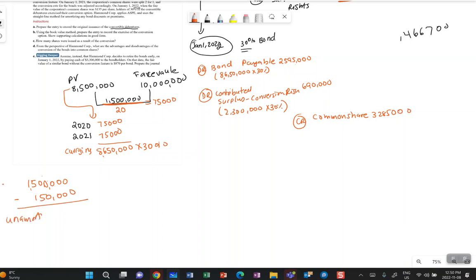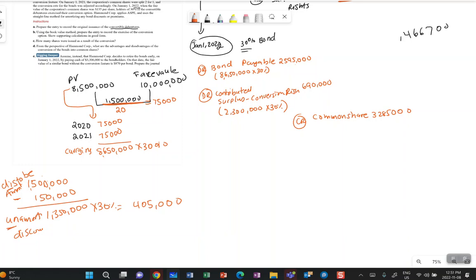So if this is the discount to be amortized when we started, and we amortized already, how much is your unamortized discount? In this case it's 1.35 million. So in other words, you could do this times the 30% that you are converting. So the unamortized discount on the bond that you are converting is 405,000.